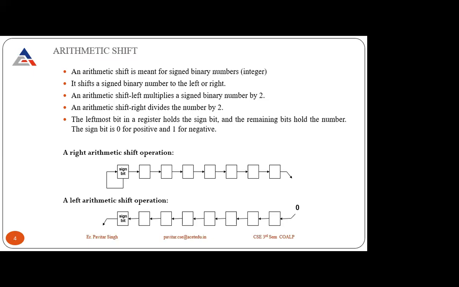If I say you have an 8-bit register, how are you going to represent your 8-bit value? 7 bits will be used for storing your number, and the last one will be used for storing the sign bit.